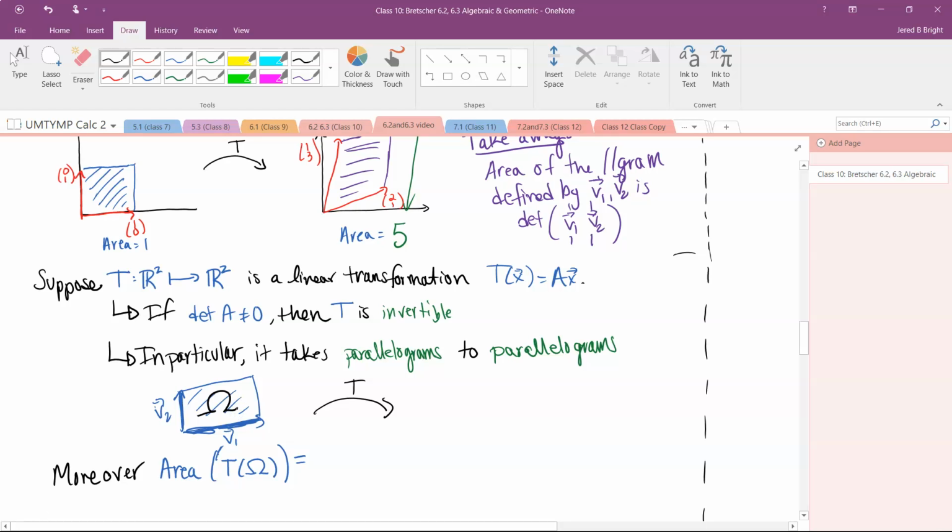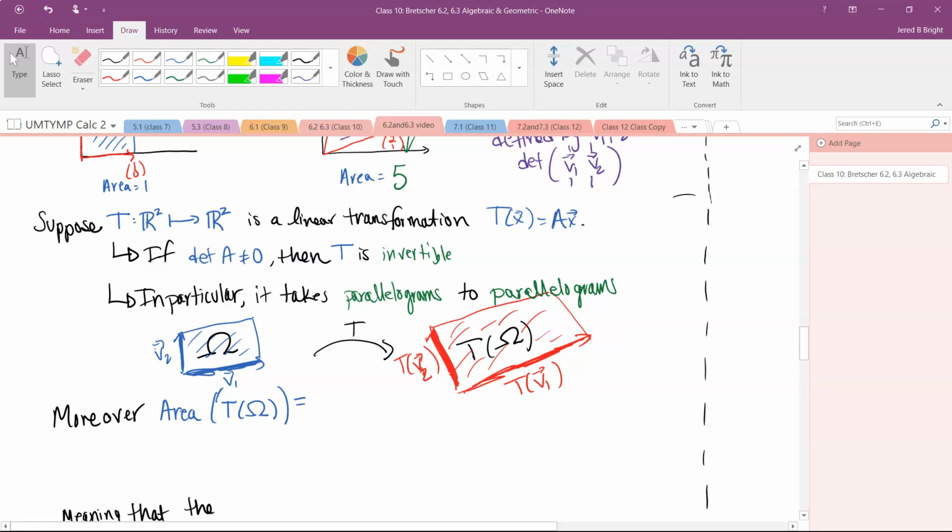If we apply the linear transformation, we get the transformation of omega, which is going to be our parallelogram. It could look slightly different, something like this, and on one side we would have the image of V2, and on the other side the image of V1.